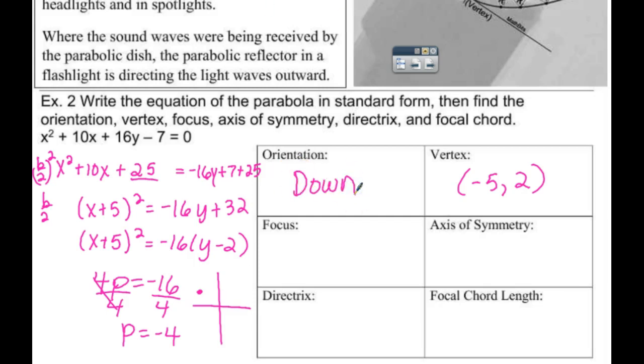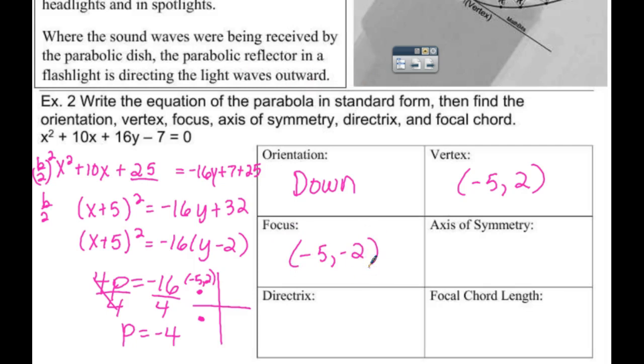If the p is positive, we would count up, and it would open up then. So if I counted down 4 here, if this is negative 5, 2, what's that point? Negative 5, negative 2. Nothing to memorize. You're just counting.